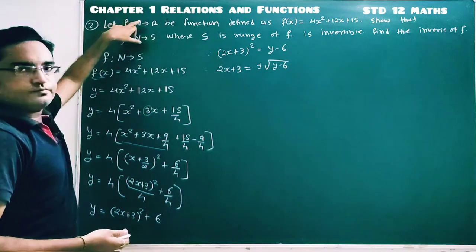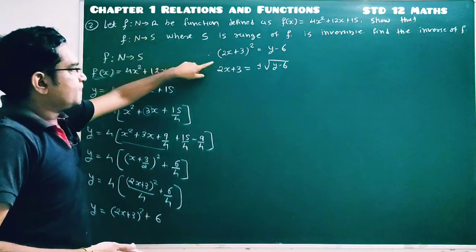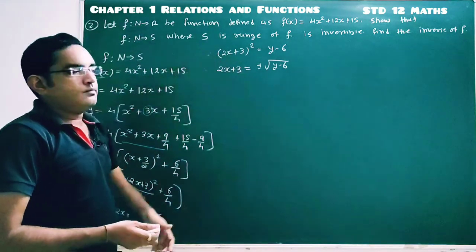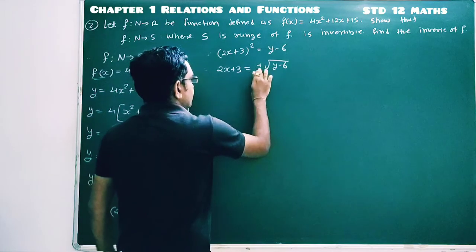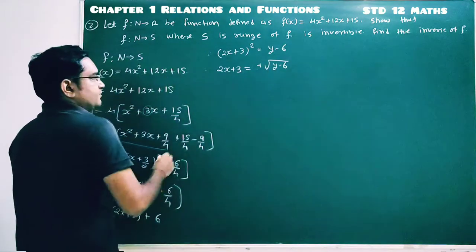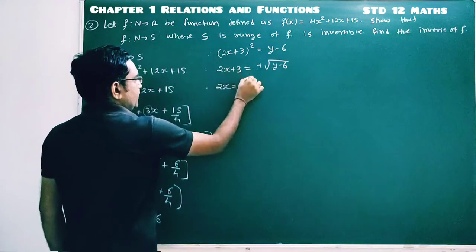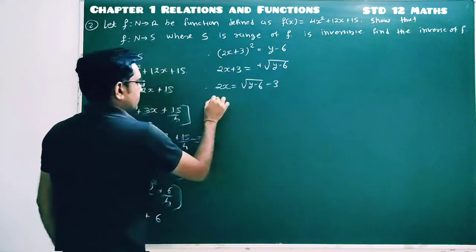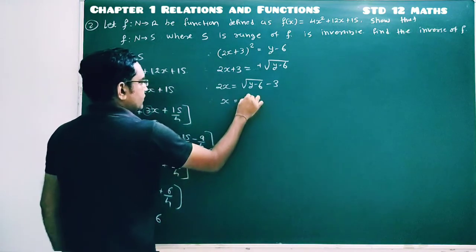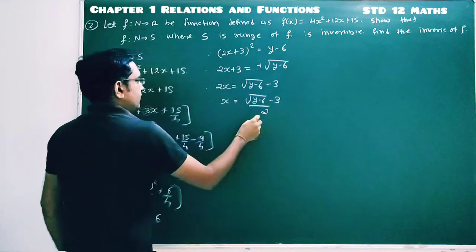But here, in our definition, x belongs to the domain, which is the natural numbers N. So the square root of this natural number will never come into the negative, so it is always positive, so we will consider only the plus sign. Therefore 2x equals square root of y minus 6 minus 3, and our x is always square root of y minus 6 minus 3 by 2.